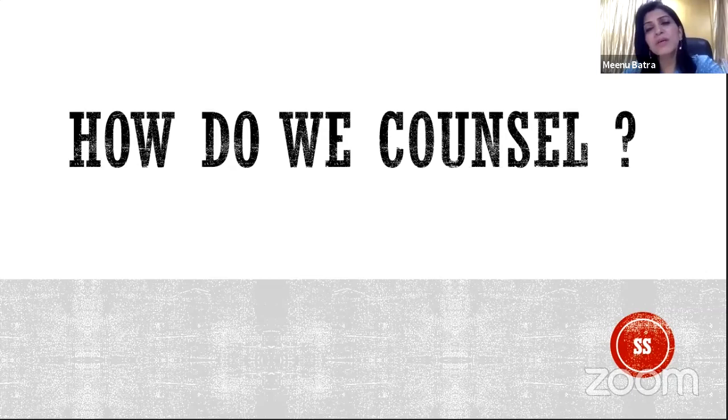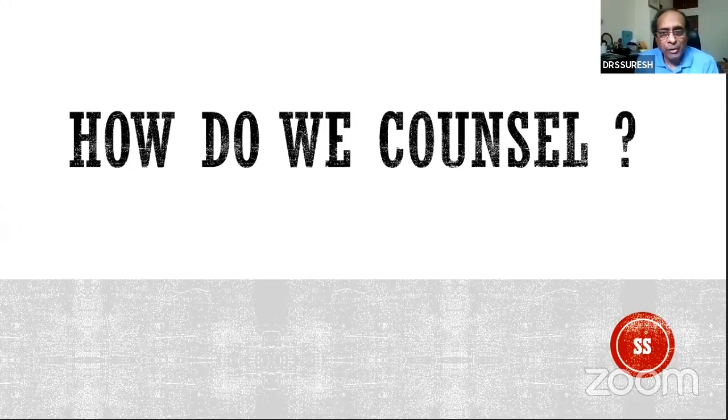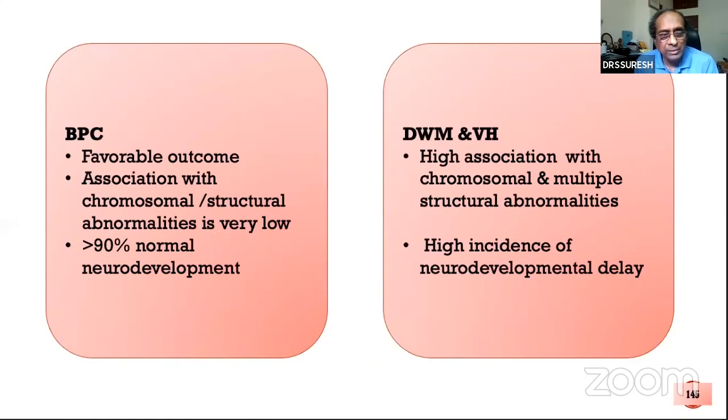So Suresh sir, when you see the spectrum of posterior fossa anomalies, how would you counsel these patients? I think we've got the answers: a Blake's pouch cyst, when it is isolated, has a very, very good outcome.